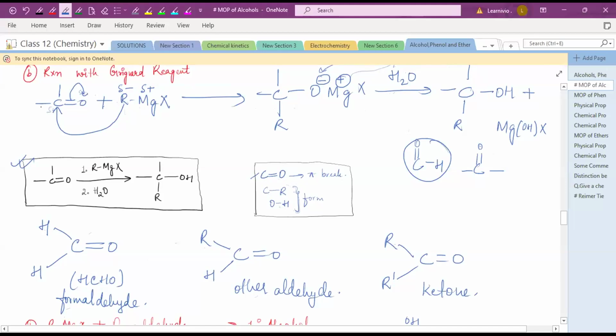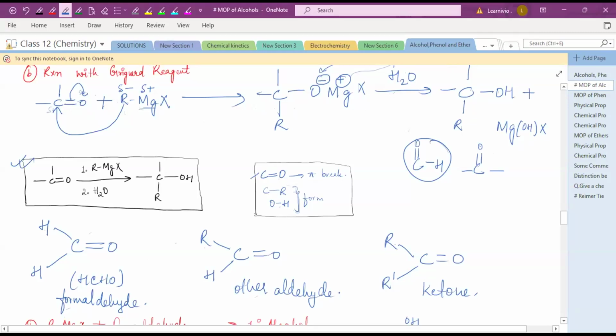So when you take the carbonyl compound and treat it with your Grignard reagent, RMgX, because this magnesium is a metal, it is electropositive. So it will acquire a partial positive charge, and the alkyl group attached to the magnesium will acquire a partial negative charge.